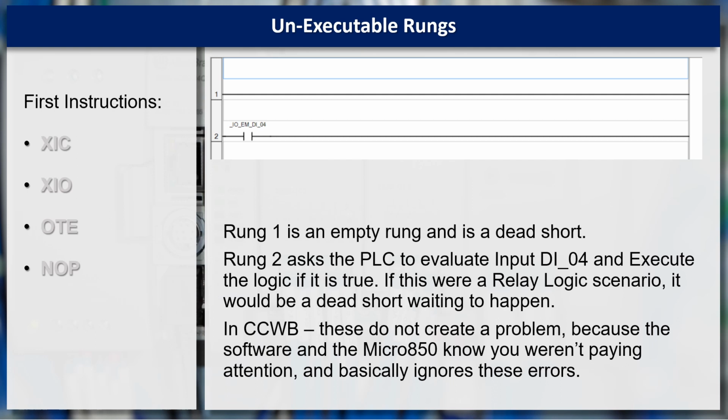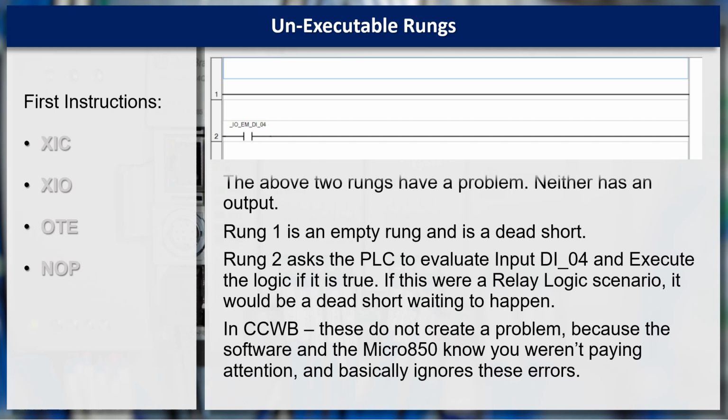The above two rungs have a problem. Neither has an output. Rung 1 is an empty rung and it's a dead short. Rung 2 asks the PLC to evaluate input DI04 and execute the logic if it is true. If this were a relay logic scenario, it would be a dead short waiting to happen.